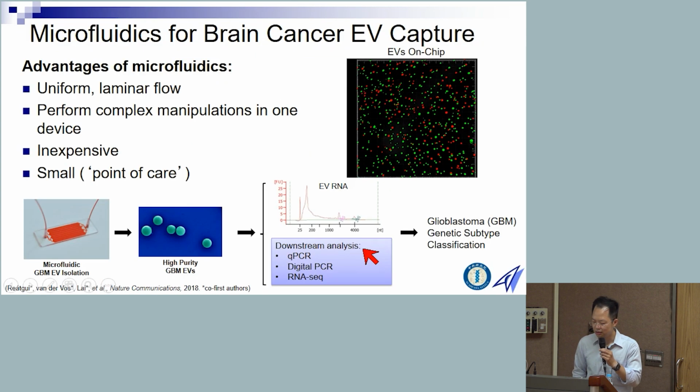So when I came to Taiwan, there's another thing in terms of application. We were also able to use the reporter we developed to invent microfluidics to capture vesicles from biofluids from GBM patients.